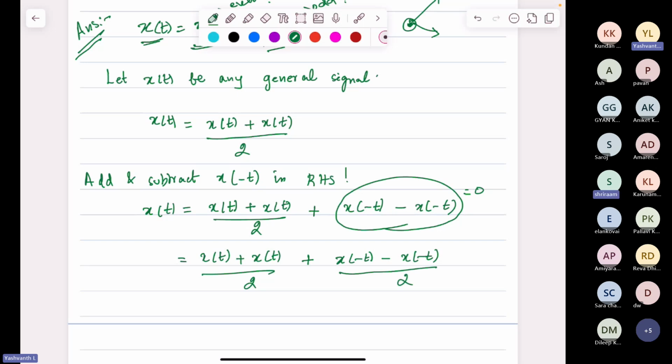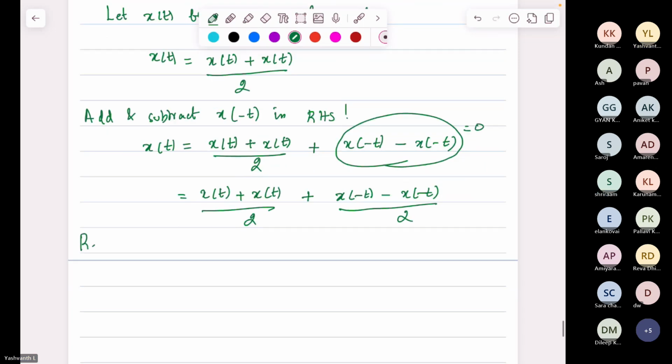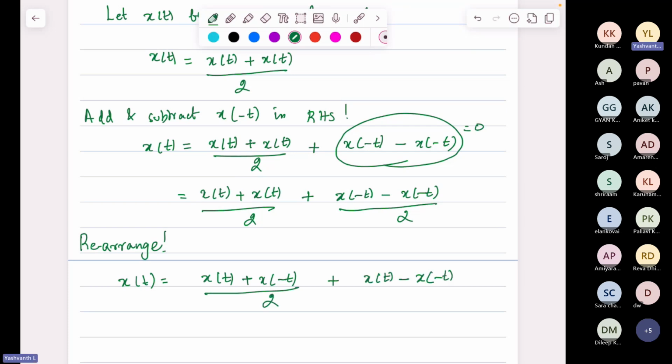It doesn't matter if I divide 0 by 2; it is still 0. Now I will rearrange. That is, x of t equals x of t plus x of minus t by 2, plus x of t minus x of minus t by 2.